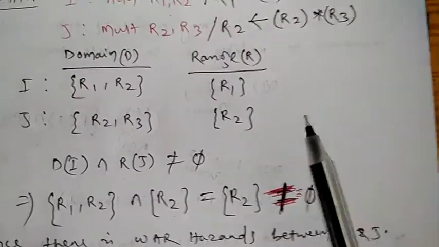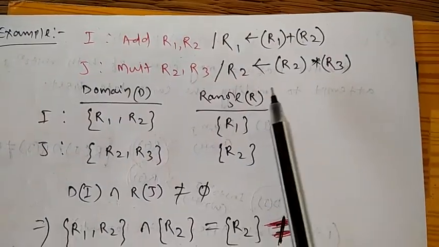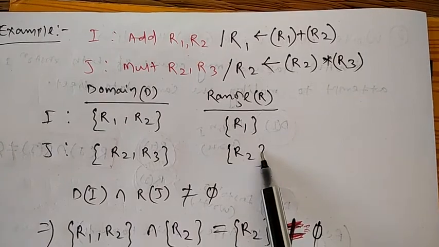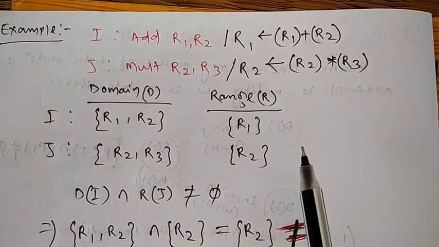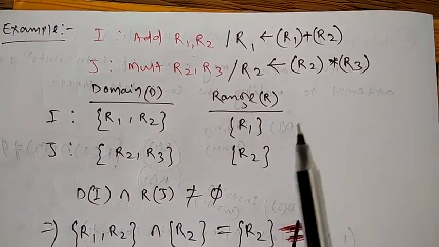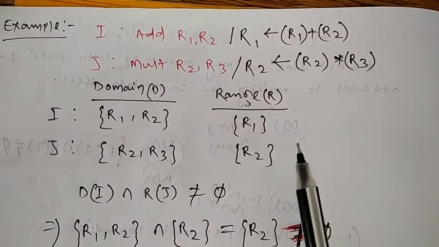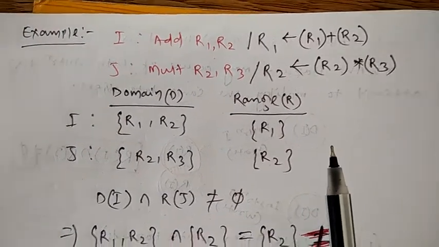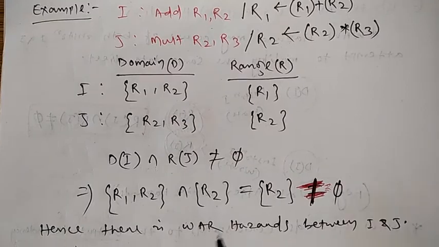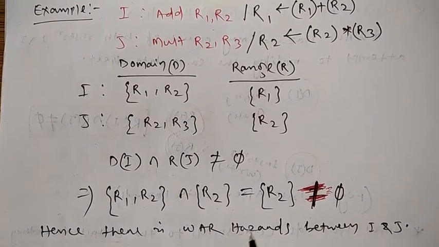So if we finish the I work, then j will be executed, and no problem will be there. So this is all about your write after read hazards.